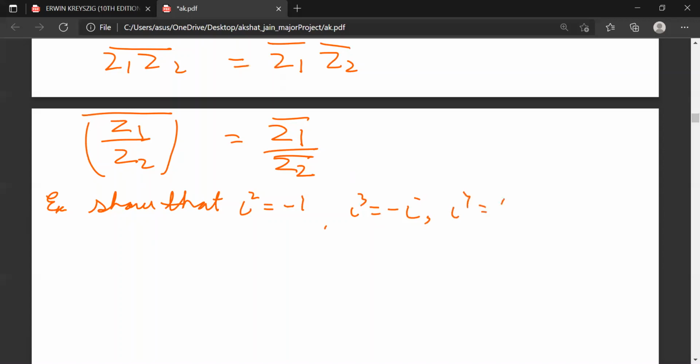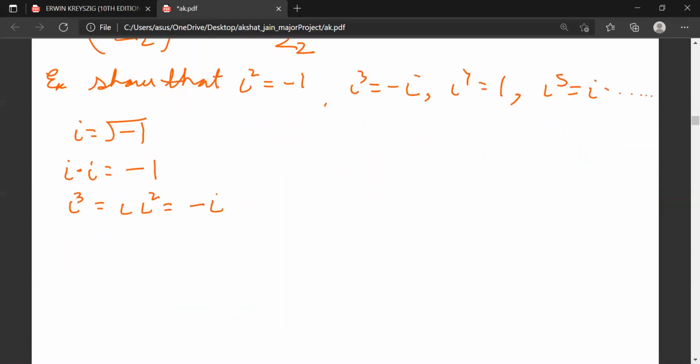Here are some good properties of iota as well. We know iota equals root of minus 1, then iota dot iota equals minus 1. And iota cube, I can write as iota into iota square, that is equal to minus iota.